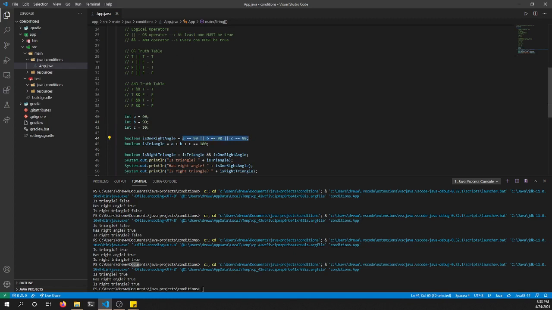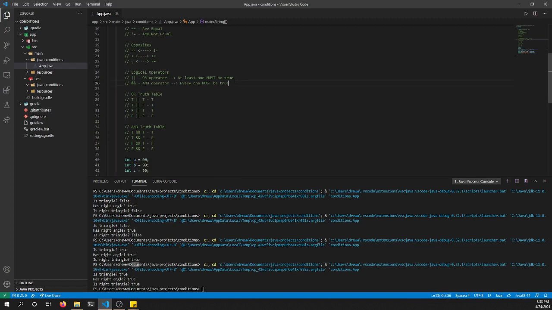Now there's a couple of things to note. There's actually two more operators like this, and they look like this. And the trick is that the single bar is also the OR operator, and the single ampersand is also the AND operator.